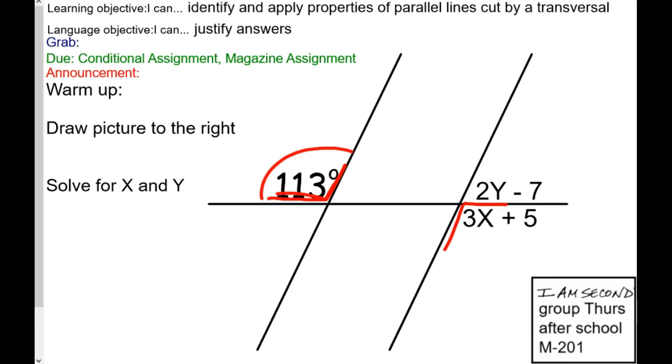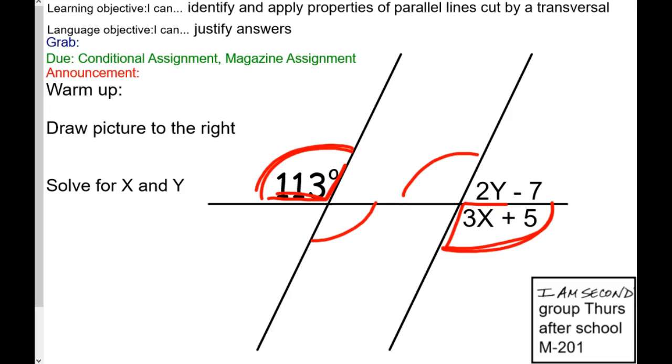Do y'all remember the pattern I taught you? The zigzag, right? This is equal to this, is equal to this, is equal to this. Okay? So all these obtuse angles have to be the same. So that means I'm going to take 113 and set it equal to the other one. But I don't want you to miss this first step.